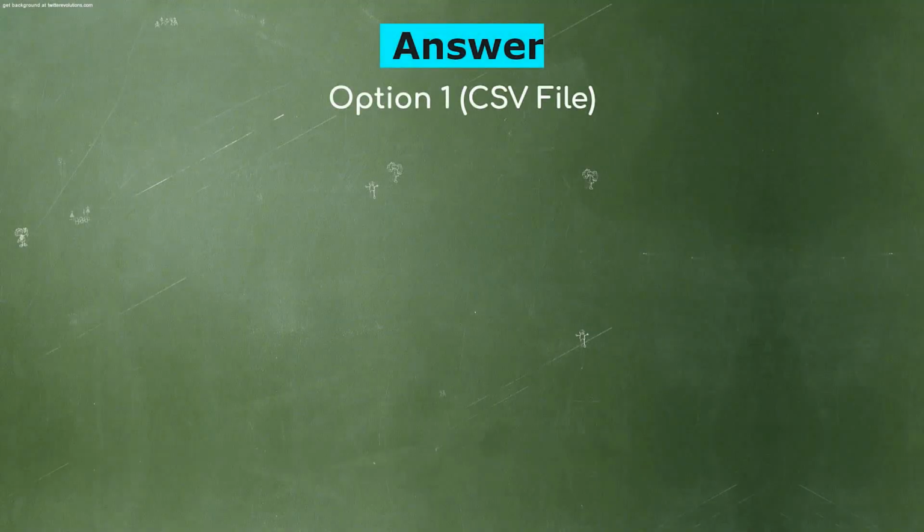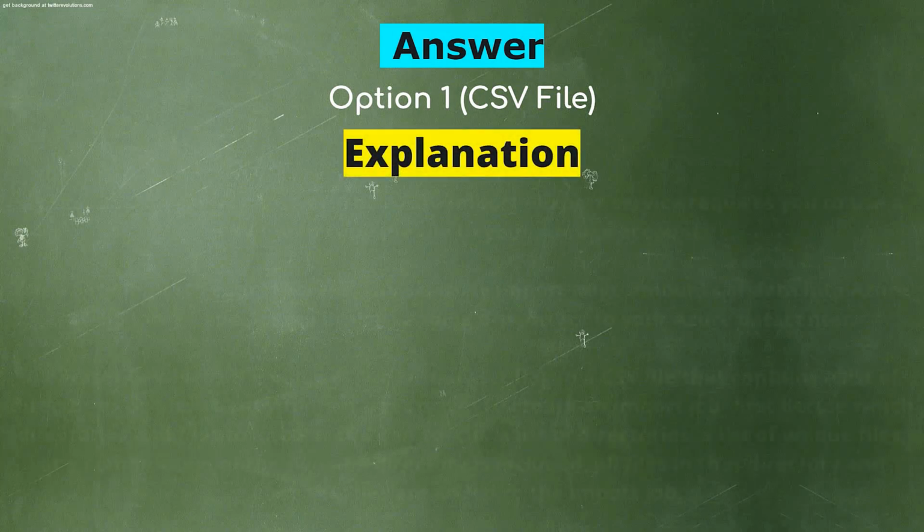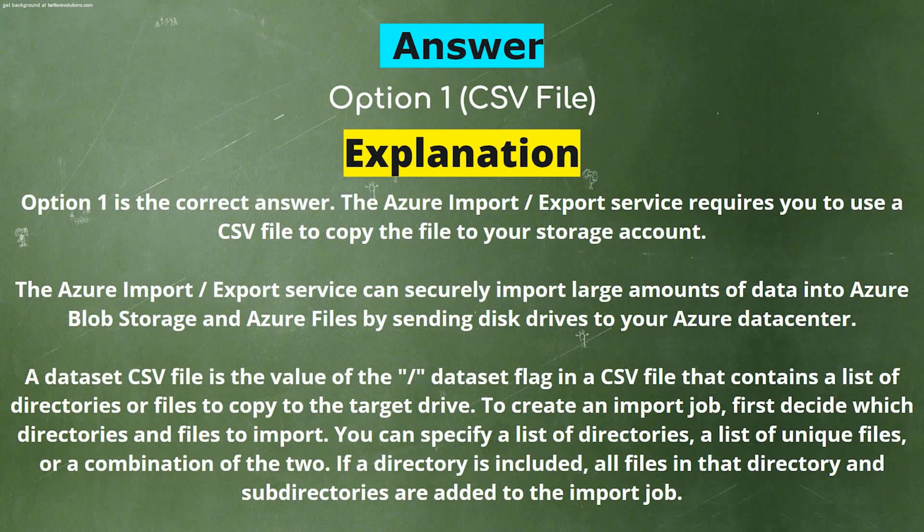Explanation. Option 1 is the correct answer. The Azure Import or Export service requires you to use a CSV file to copy the file to your storage account. The Azure Import or Export service can securely import large amounts of data into Azure Blob Storage and Azure Files by sending disk drives to your Azure data center.